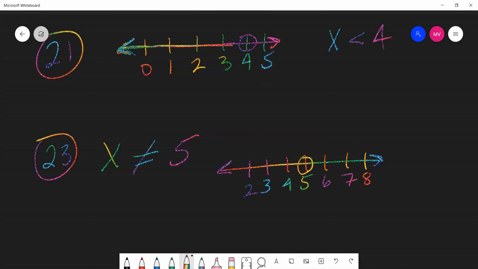Now, which direction do we go in if we're saying that x does not equal 5, which direction does our arrow go in? Absolutely. This is the case where it must go in both. So we go, every number greater than 5 is not 5, and every number less than 5 is not 5.